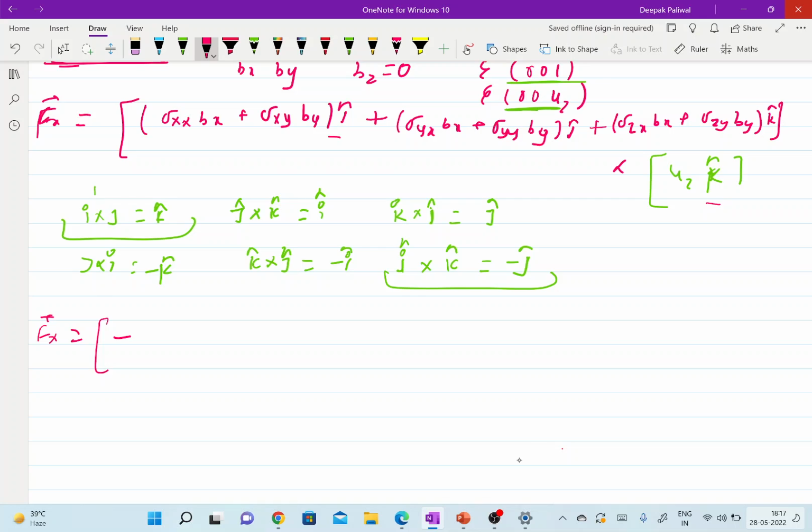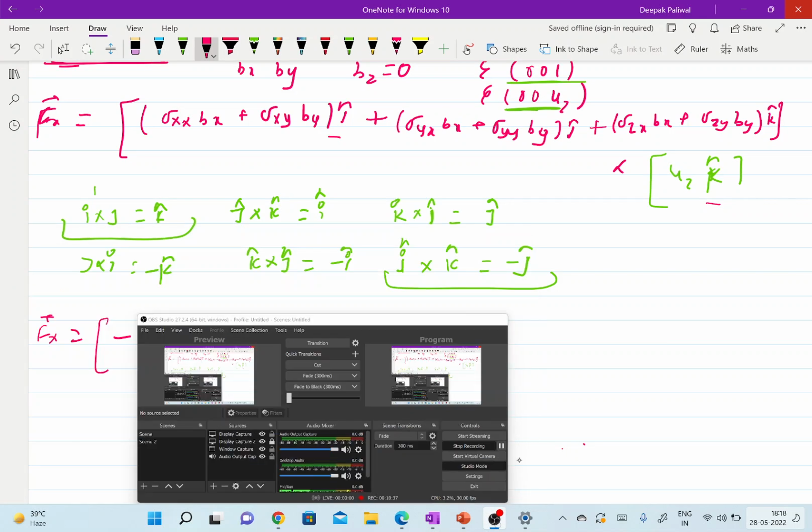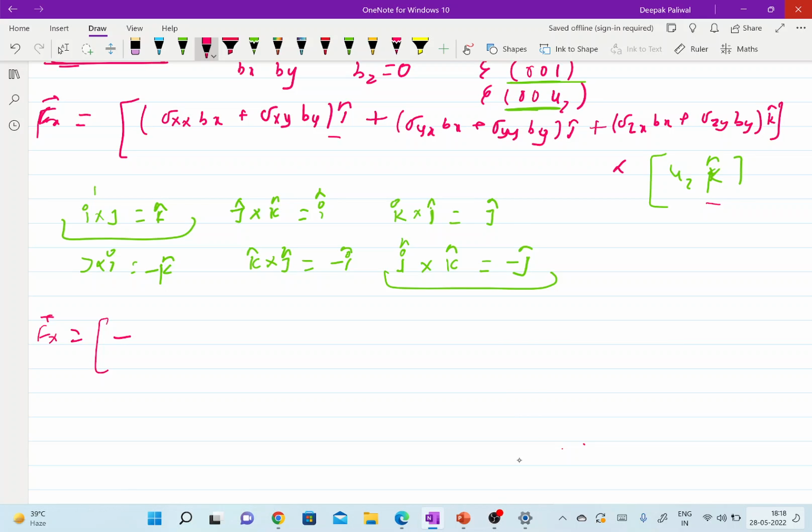Okay, let us continue again from here. What we were doing here, like we were multiplying with this particular uz value.